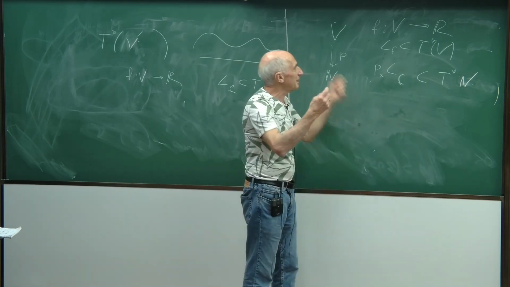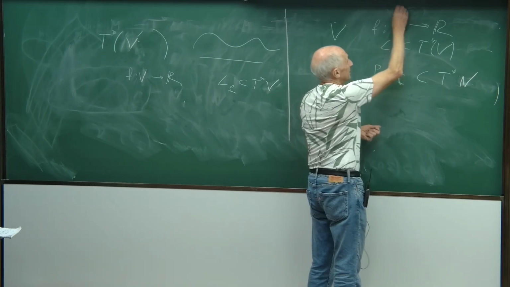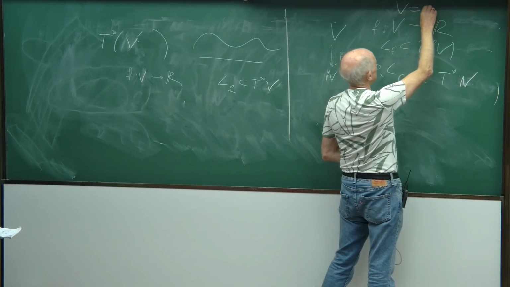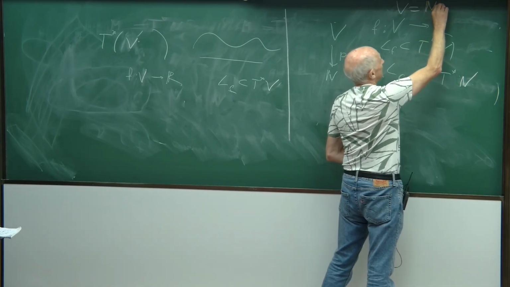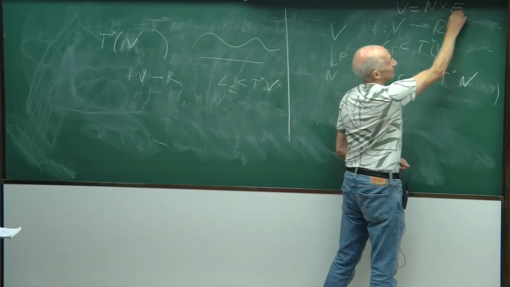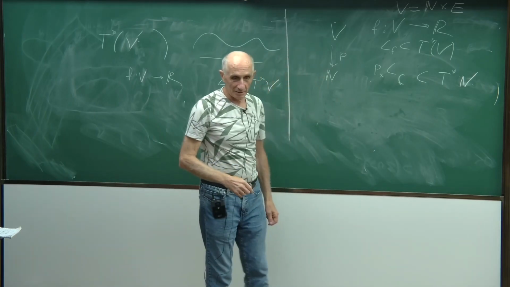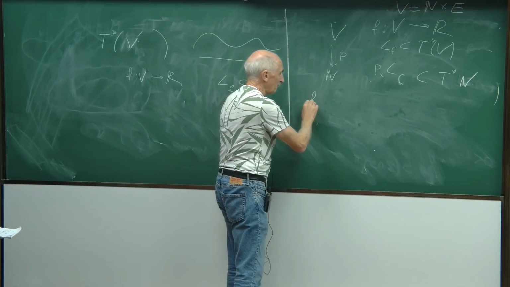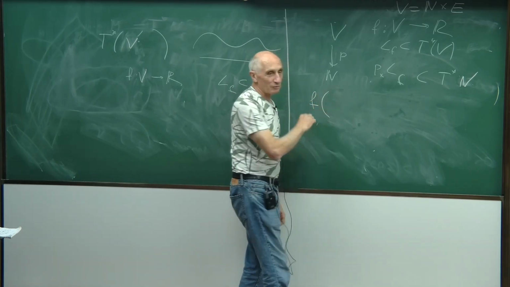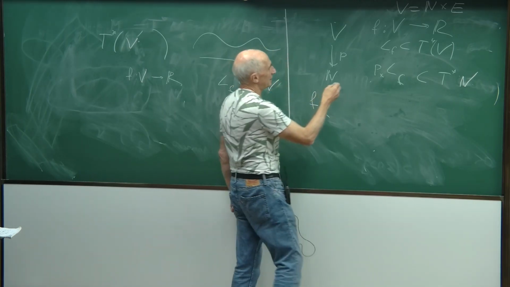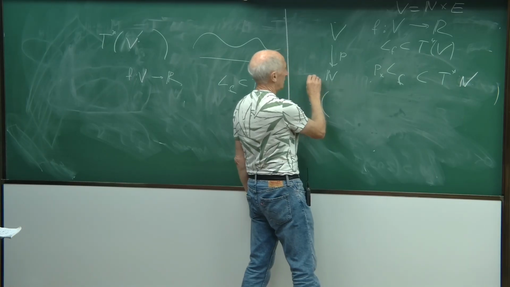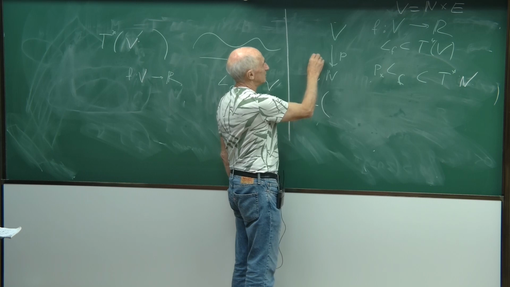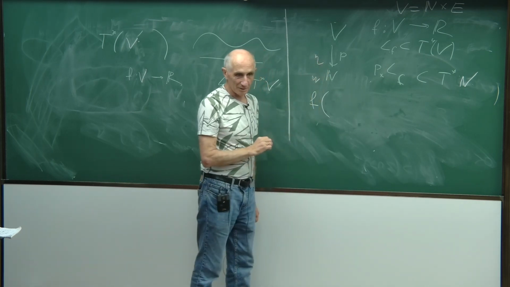So let's see what a formula looks like. Suppose V is just a product, N times some fiber E. Then our function f is a function of two variables. Call the variable here q, and the variable in the fiber eta.